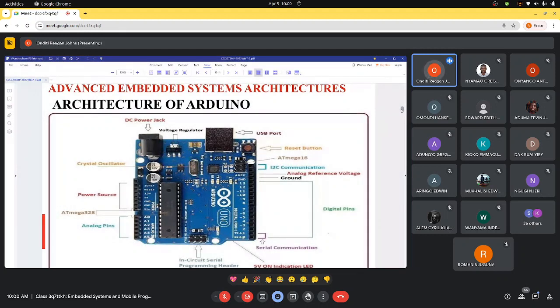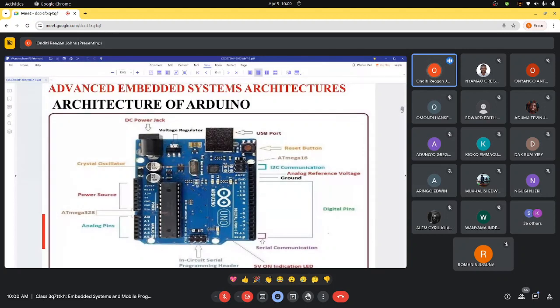We have the USB port, and in so many scenarios, we can also use the USB port to power this particular board. So the USB port can be multi-use. It can equally be used for powering, and at the same time, it can also be used to read or reprogram our Arduino board.